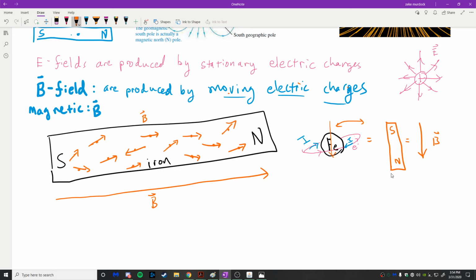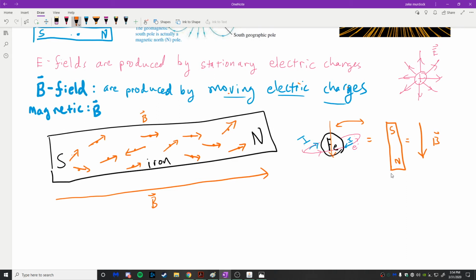We think of this little guy as equivalent to a magnet pointing like this, and then we say it has a magnetic field vector that points like this. Then if each one of these pieces of iron happens to be oriented on average in the same direction, the net effect, if we sum up all of these vectors, is a magnetic field that points from left to right.